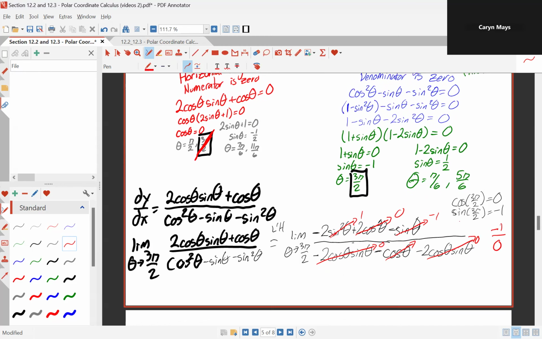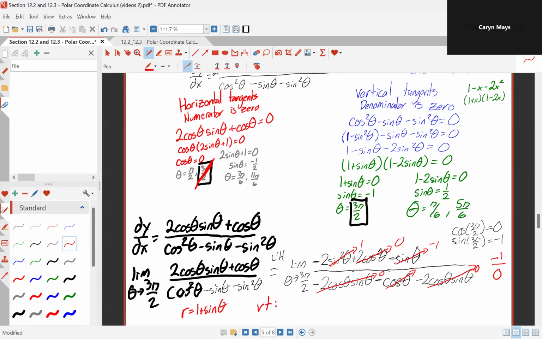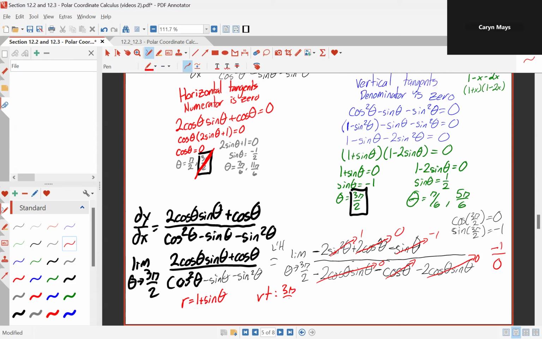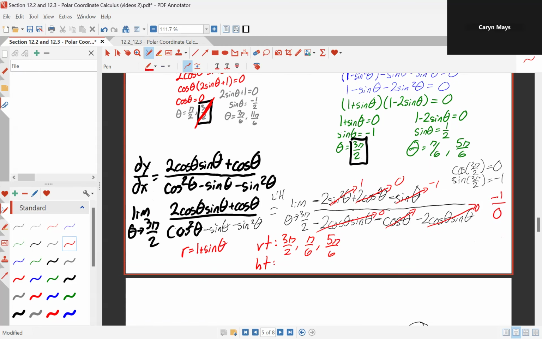So our list is that for r equals 1 plus sine theta, the vertical tangents are at 3 pi over 2, pi over 6, and 5 pi over 6. And the horizontal tangents, 3 pi over 2 is not a horizontal tangent. So we have pi over 2, 7 pi over 6, and 11 pi over 6.